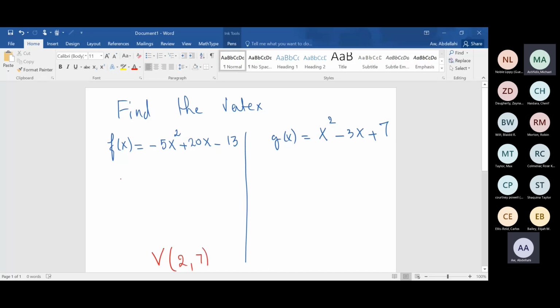So we do first negative B over 2A, right? The B is 20, so it is negative 20 over 2 times negative 5, which is negative 20 over negative 10, which is 2, right?